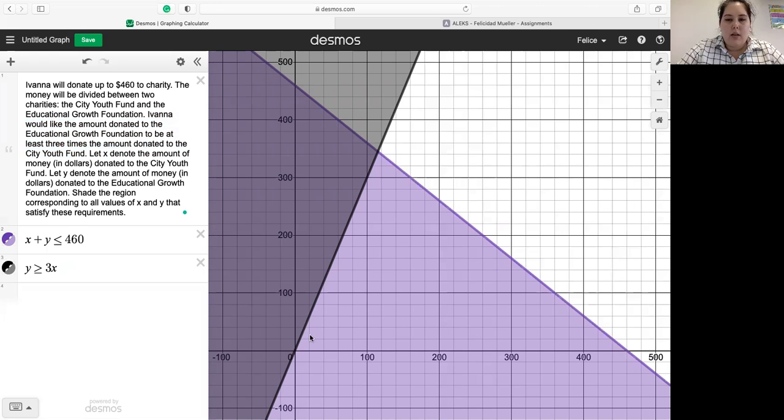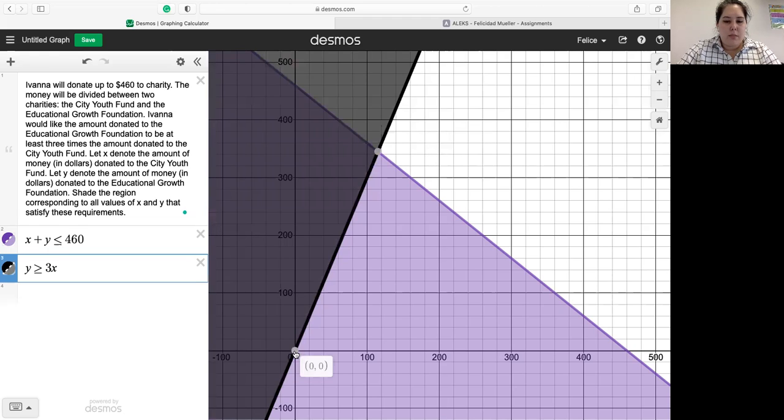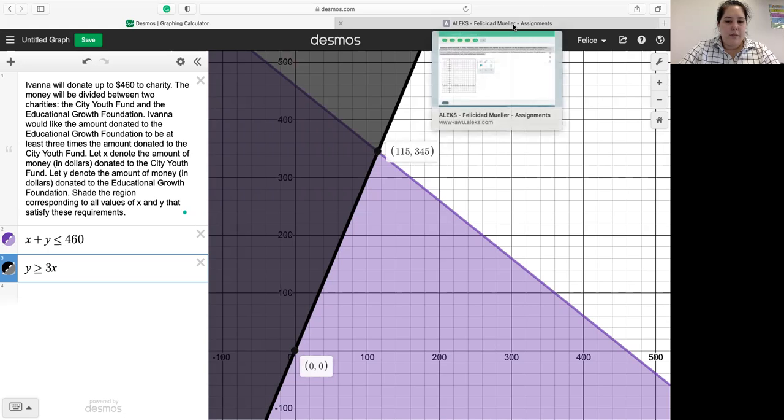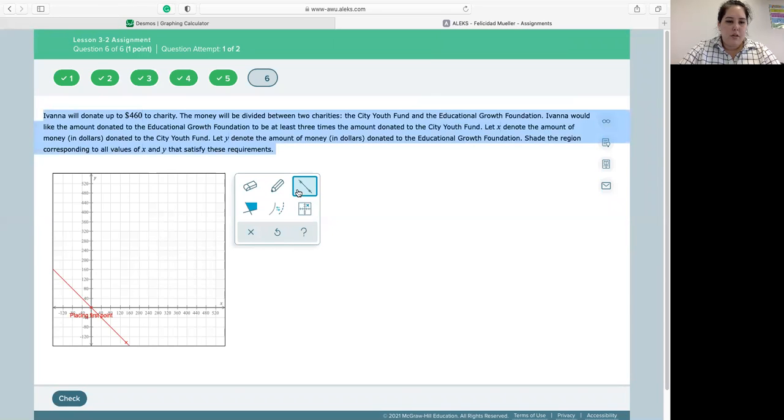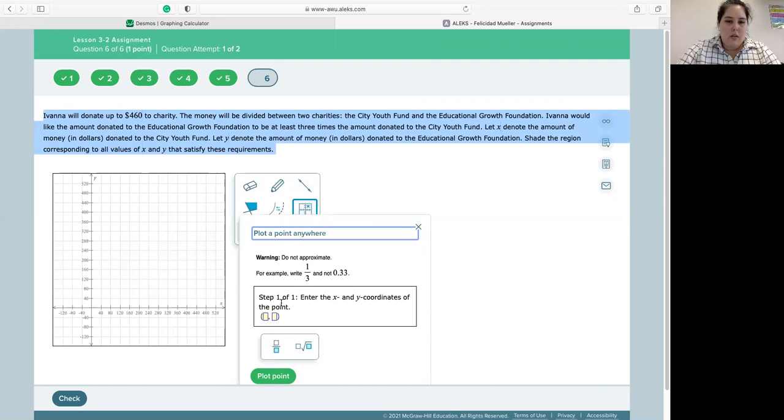So here is what my graph would look like. We're going to have some coordinate points for me to plot. I have 0, 0, and 115, 345.